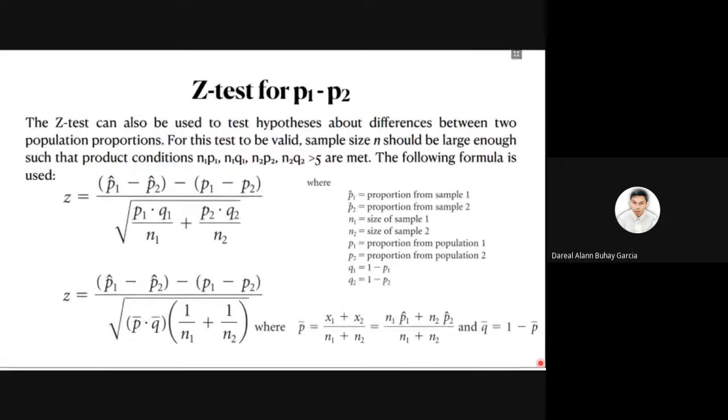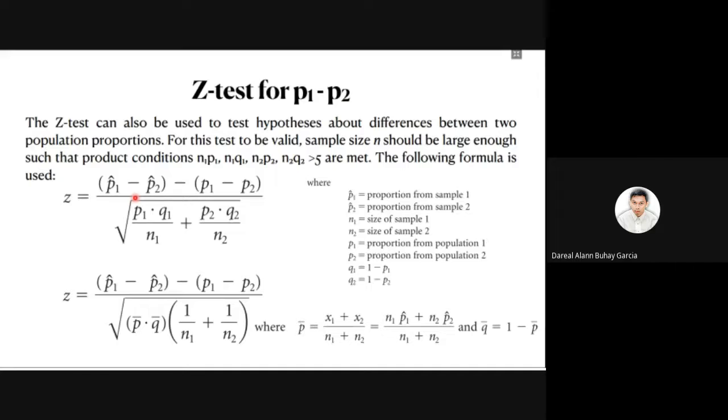In making inferences about the difference in two population proportions, the statistic normally used is the difference in the sample proportions, P1 hat minus P2 hat. This statistic is computed by taking random samples and determining P hat for each sample for a given characteristic, then calculating the difference in these sample proportions.